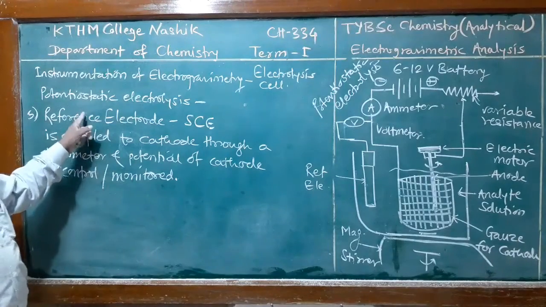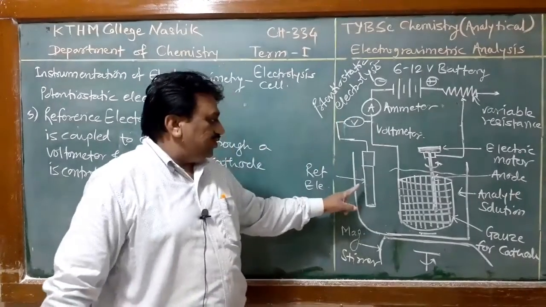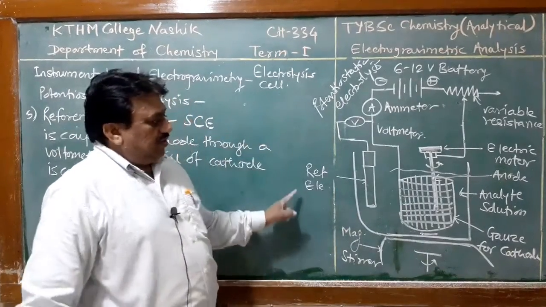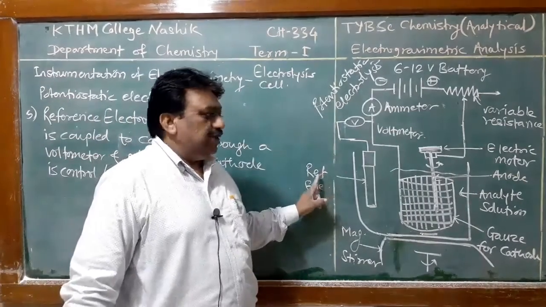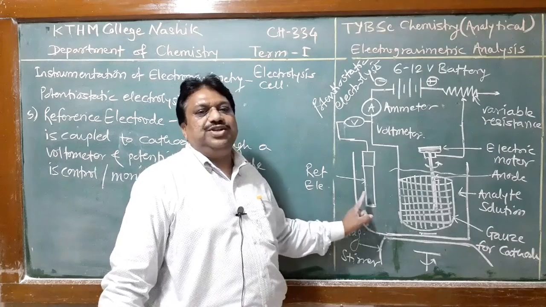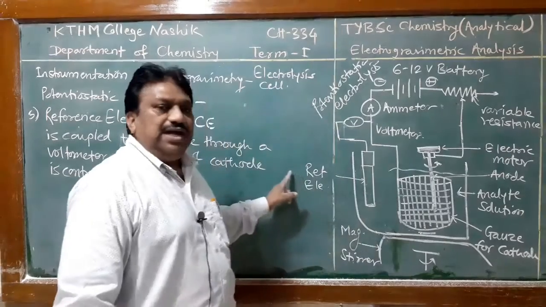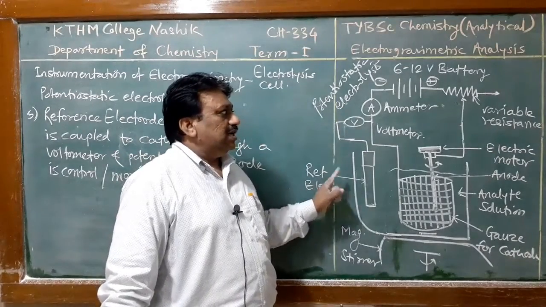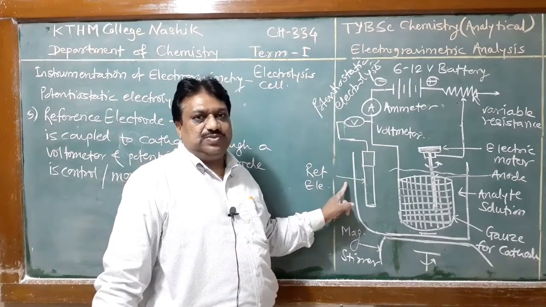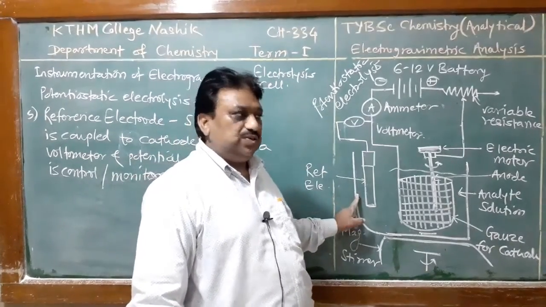Therefore, there is a requirement of a reference electrode for a potentiostatic electrolysis process, in which we have to control the potential of the cathode or working electrode. Student, this is all about the instrumentation of the electrolysis cell, or you can say the instrumentation of electrogravimetry. Electrogravimetry is carried out by using an electrolysis cell, and we discussed all the components of the electrolysis cell: what is the electrolysis cell for the amperostatic electrolysis process, and what is the electrolysis cell for the potentiostatic electrolysis process.